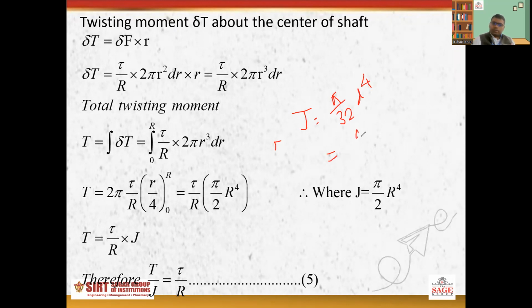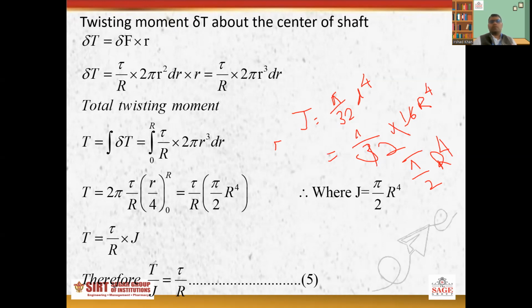If you put 2R in place of d, then 32 into 2R to the power 4 becomes 16 R to the power 4, so cancelling, it becomes pi by 2 R to the power 4. Hope you understood. This is called the polar moment of inertia, represented by J.